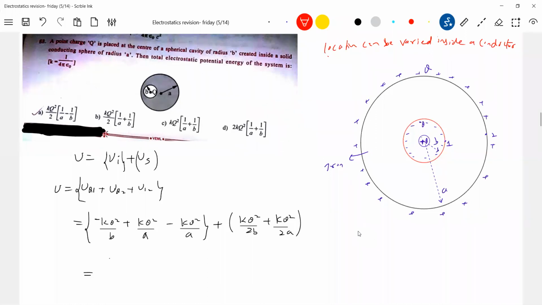So the charge distribution will not change on the outer surface. That's what it's telling. And if you calculate the final energy, that will also not change. The reason for that, shall I put it in a simple way? You calculate the energy present here, and you calculate the energy present outside. Whether the cavity is here or here, it doesn't matter, no? So the location of a cavity can be varied inside.